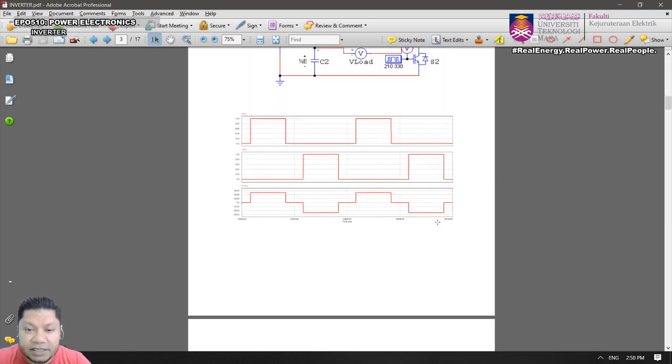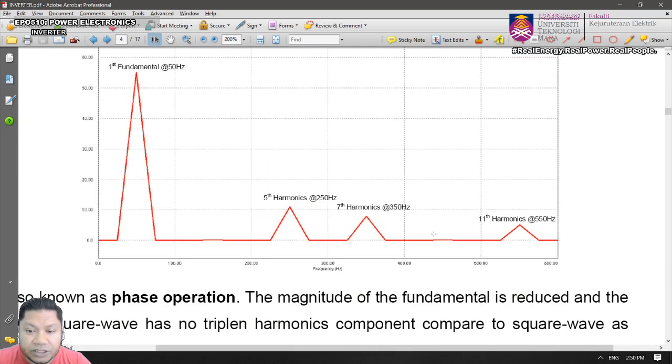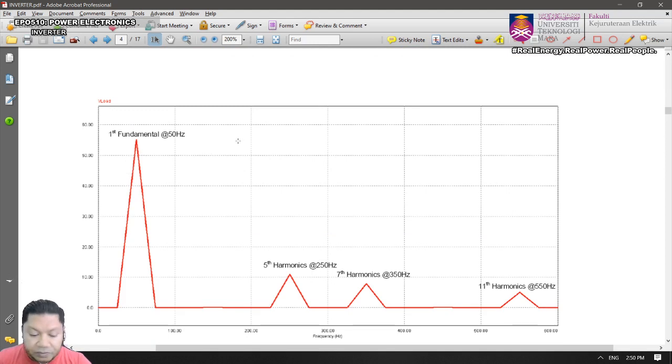So in this case, let's look at the fundamental again. This is the quasi square waveform. So Cn, you still remember? Cn equals 4IDC over n pi cos n pi over 6, isn't it? Right? This is for the rectifier. So here, in this example, you need to replace that IDC.